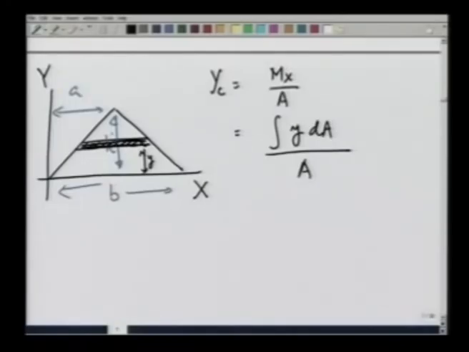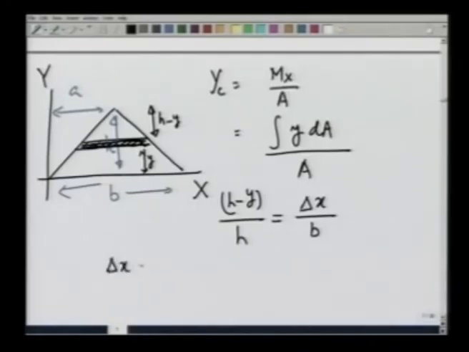You can see from similarity of triangles that h minus y divided by h is equal to the width of this strip, which let me call delta x, divided by b, and therefore delta x is equal to b times h minus y divided by h.